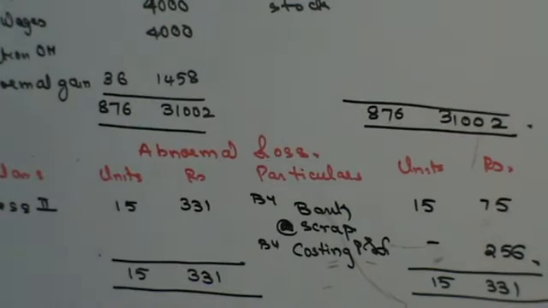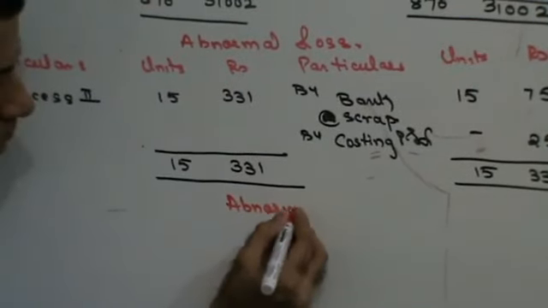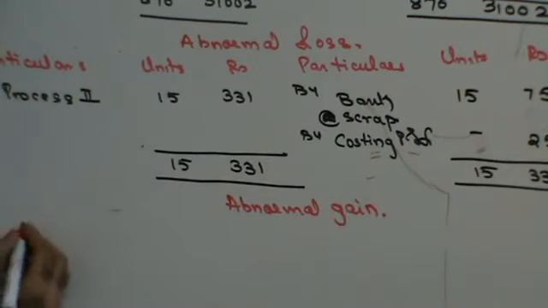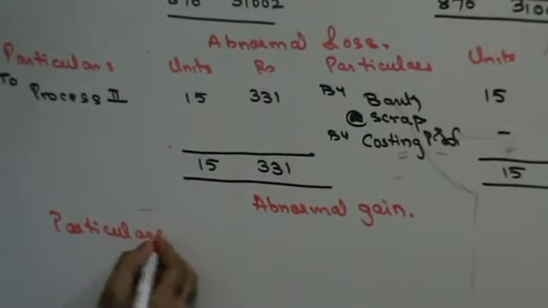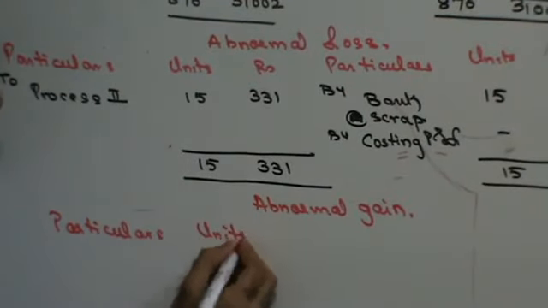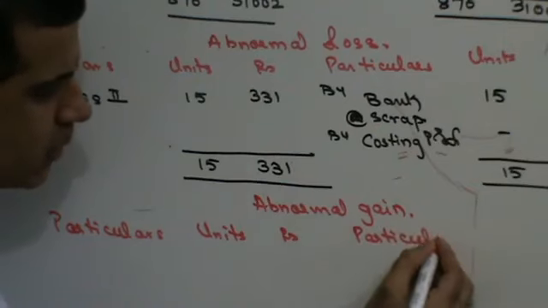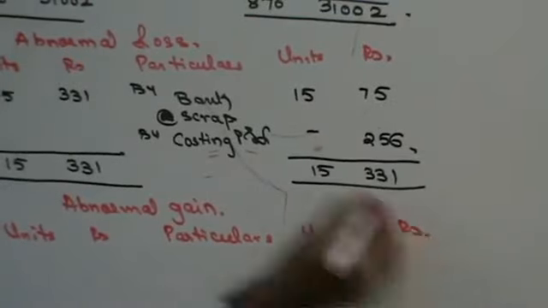Next, you have to make abnormal gain account. Ruling remains the same. Particulars, units, rupees, particulars, units, rupees.